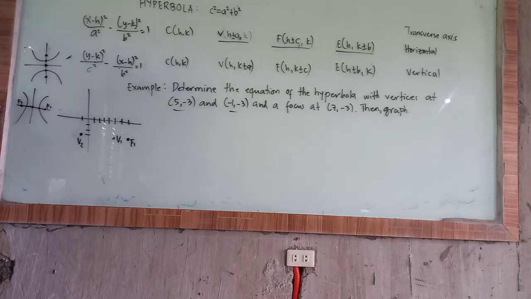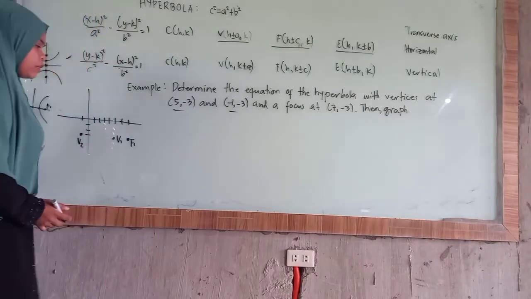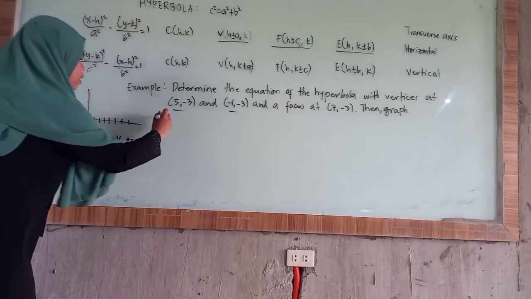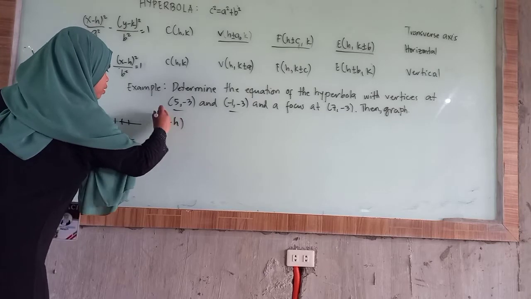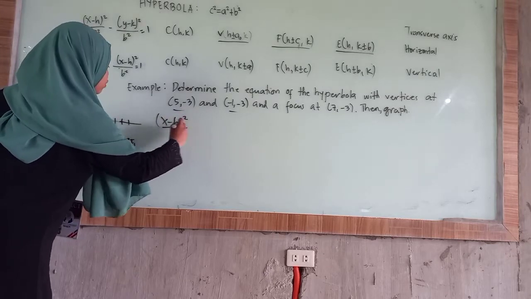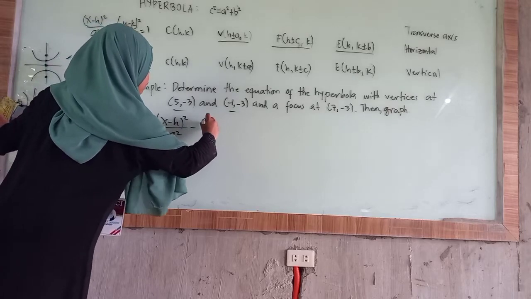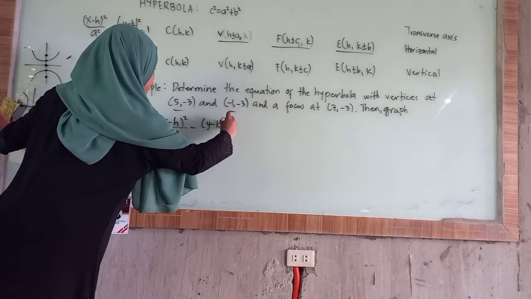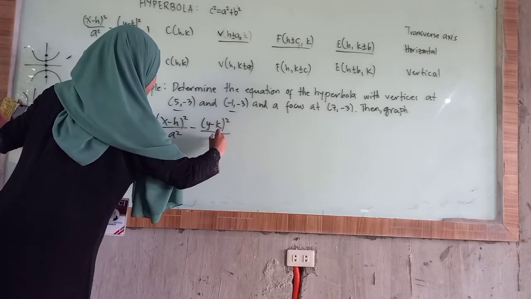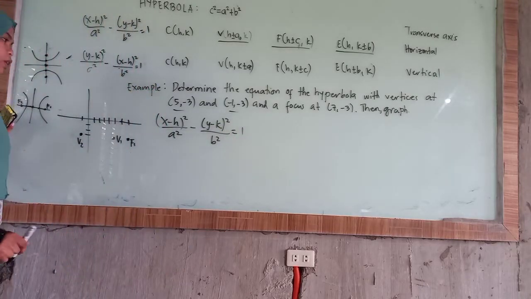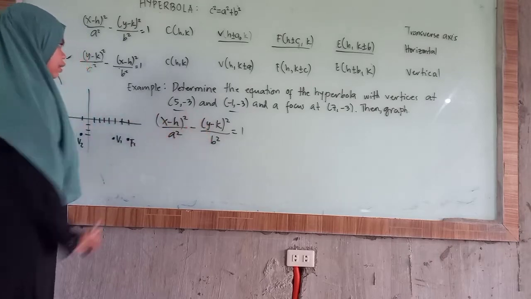So now, wala man tayong center, so how can I get the equation of this one? So (x minus h) quantity squared over a squared minus (y minus k) quantity squared over b squared is equal to 1. Okay, so ang problema ko dito yung value ng h at saka k.